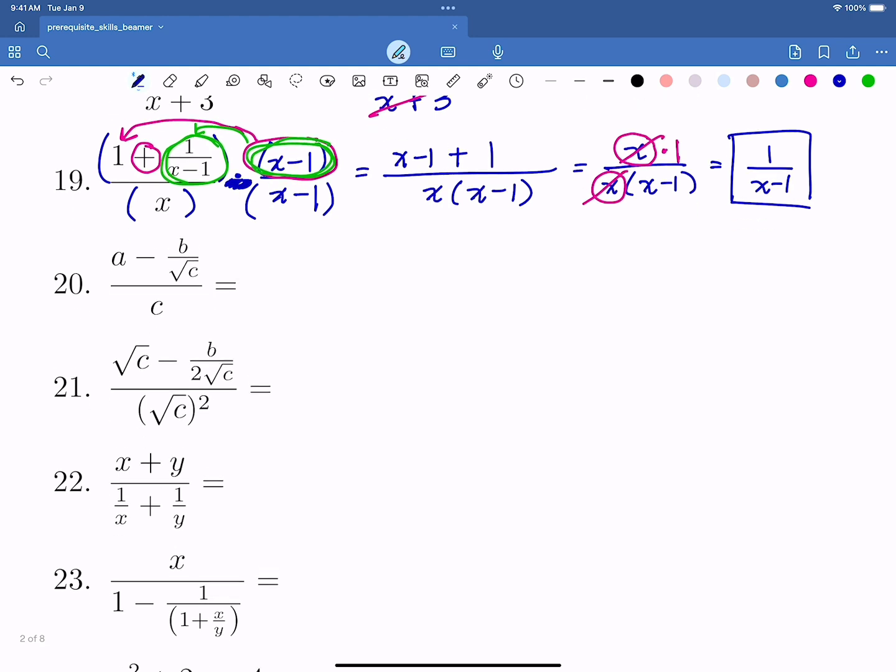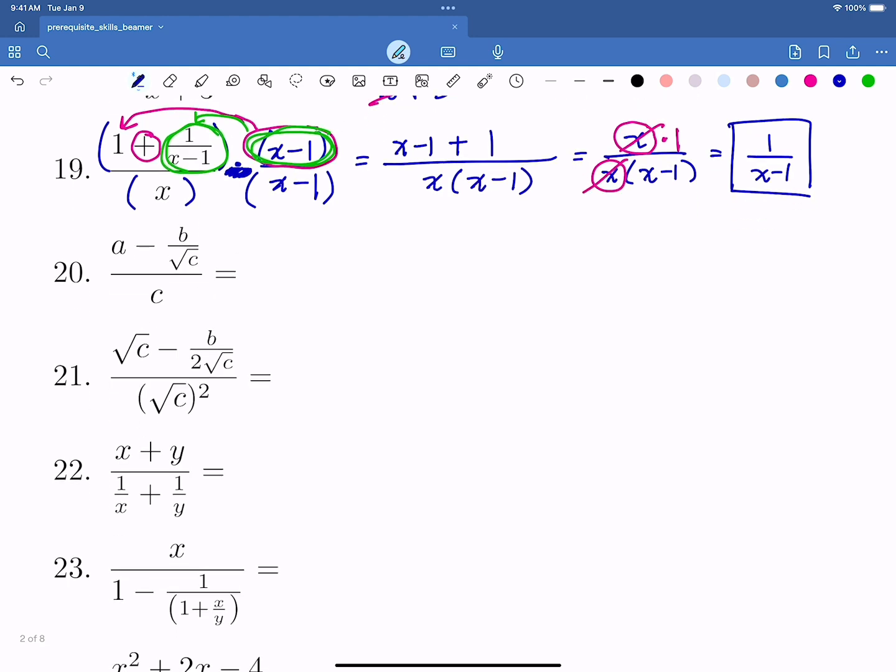Okay, next we also have a complex fraction. So I'm going to use the same strategy: look at all of the inner fractions. There's only one inner fraction right here, and take the LCD, so that's going to be just the same thing. I'm going to multiply by square root of c over square root of c. So multiply my numerators, multiply my denominators. I have to distribute.